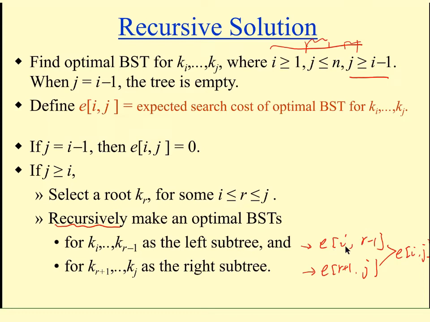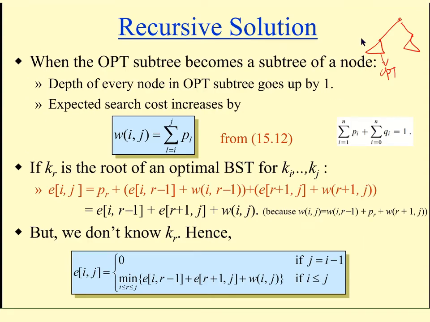EIJ only considers the subtree itself, so this one is already the root. If we cut and paste this solved one here, we put this one under this node.